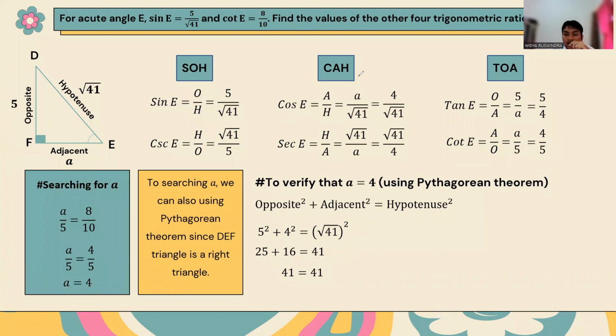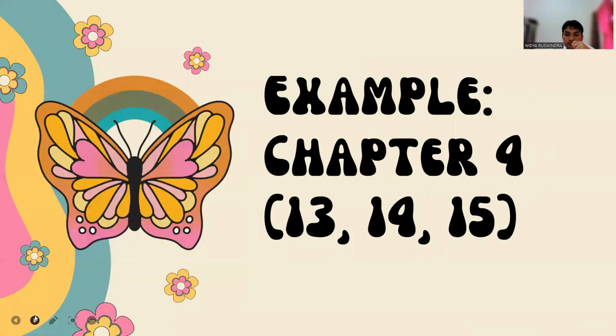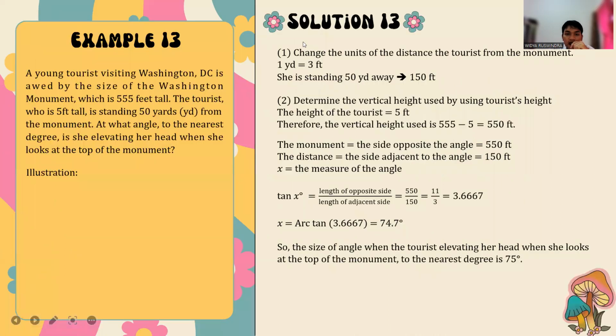Next is example 13 in chapter 4. A young tourist visiting Washington, D.C. is awed by the size of the Washington Monument, which is 555 feet tall.